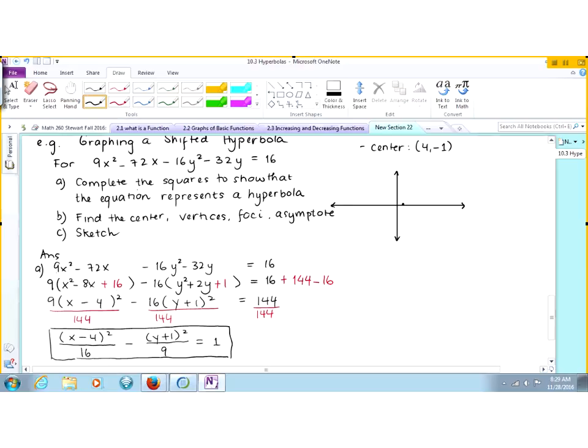So sketch: 1, 2, 3, 4, 5, 6, 7, 8, 9. 1, 2, 3, 4. So (4, -1) is right here.